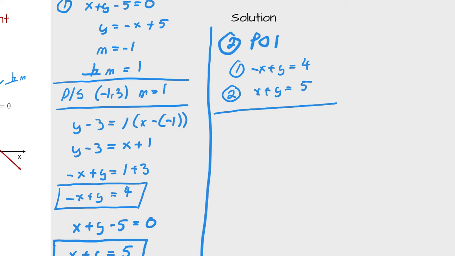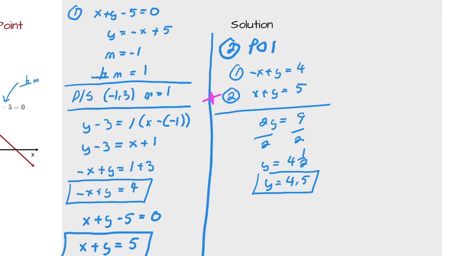I think I'll solve using elimination at this point, and I'm going to add them together. So my x's disappear, and I will get 2y equals 9. Divide both by 2, and I will get y equals 4.5. I think I'll use it as a decimal, 4.5.